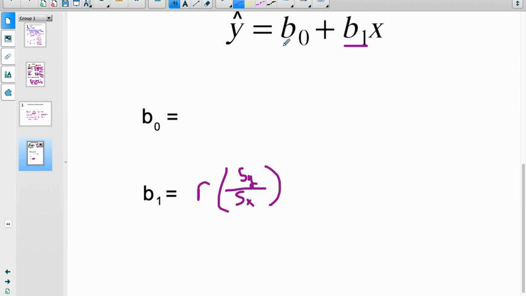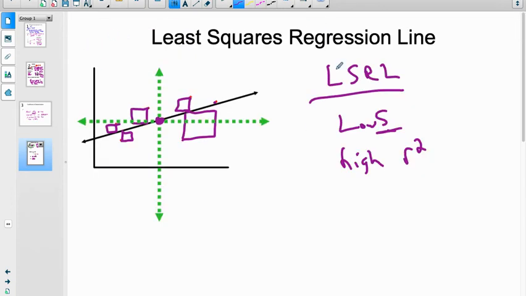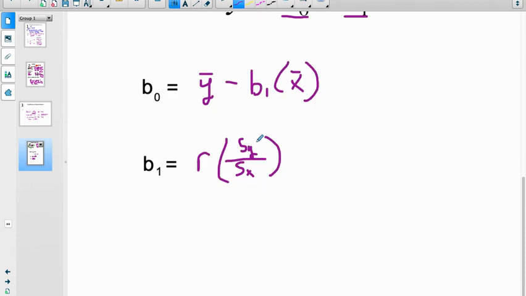If you need to find the y-intercept by hand, you can take the average of the y's, subtract off the slope times the average of the x's. But almost all the time we're going to just find it using the calculator.